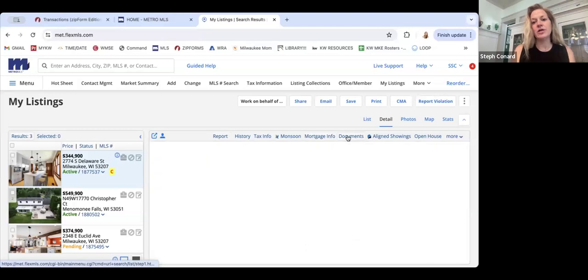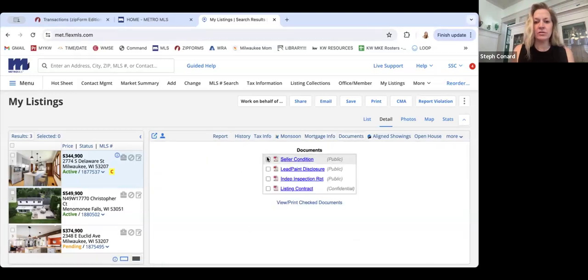So here's where the seller and the listing firm, I should say, is going to include the real estate condition report and the lead-based paint addendum, and then any other documents that the listing firm or the seller wants to share. In this case, we had an independent inspection report done prior to listing the home, and I've included it here as well. But you'll find all sorts of things here.